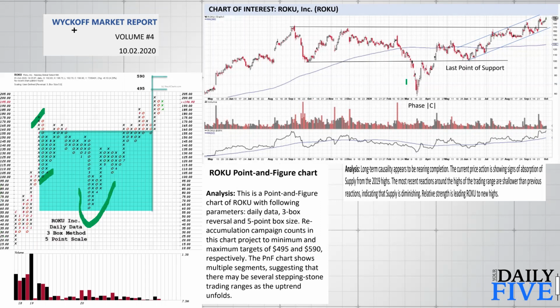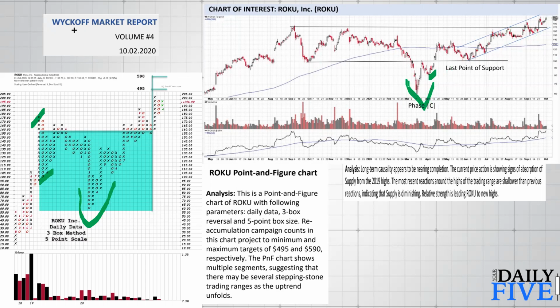You can see that we call this phase C. Here's the test. And as it goes back up into the trading area, it pauses. Well, now we have a series of pauses and backups, shallow, narrow trading ranges after completing phase C and phase D, a clue that stock is in strong hands.